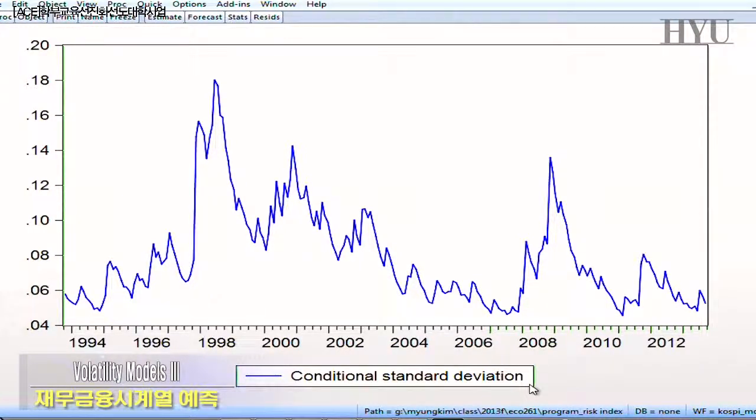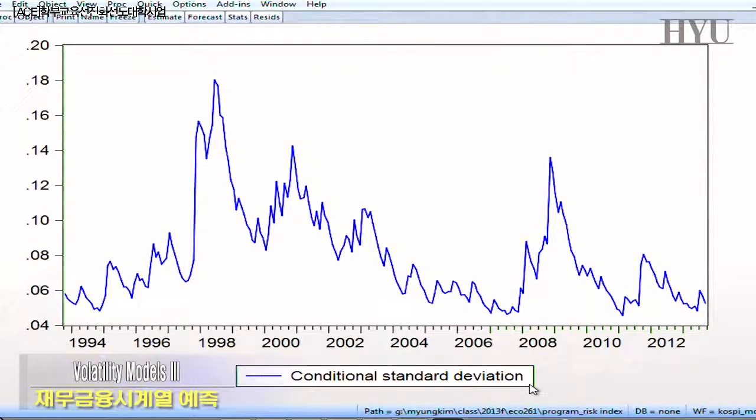Actually, you are saving this one. Okay? So whenever you have that, you can take the square root of it, right? So take this and multiply that by 100 and compare this result with the one we computed from the Garch 1 model. Then you can see the difference between these two models.